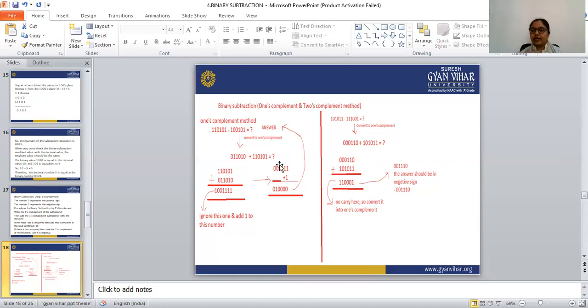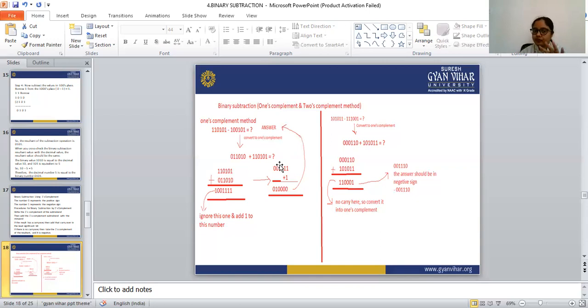If we do the binary subtraction with the help of the ones complement method, till the addition both procedures are the same. The difference will come when we get the answer. So what is the difference?